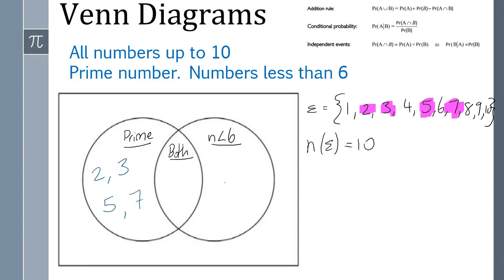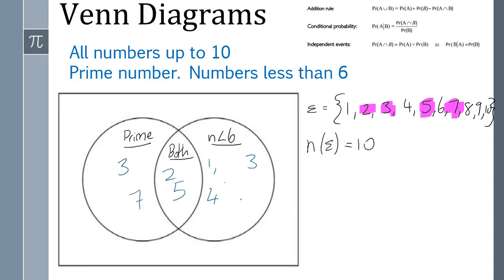And numbers less than 6, we've got 1, 2, 3, 4, 5. 5's in both of those, so we've got to take it out of there and put it in the middle. And 2's in both of those as well, so we've got to take that out and put it in the middle.